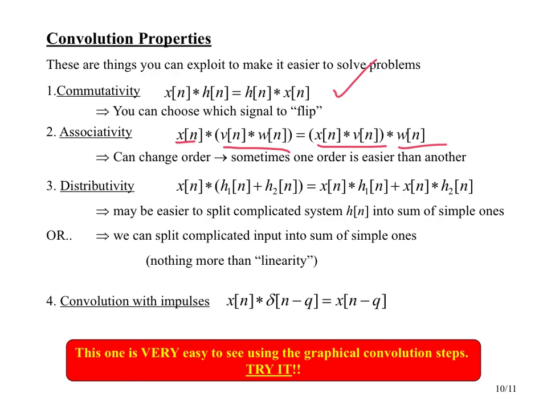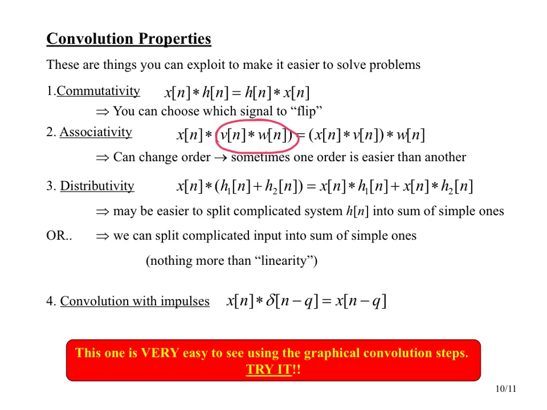If we look at this second one, that would be the case where we might have x going into some system with an impulse response v, and that convolution gives us the output of that system, and then that output is run directly into a system with an impulse response of w. That says that we could, if we wanted to, convert that cascade of two systems into an equivalent single system whose impulse response is just v convolved with w. And so that's what that one's saying.